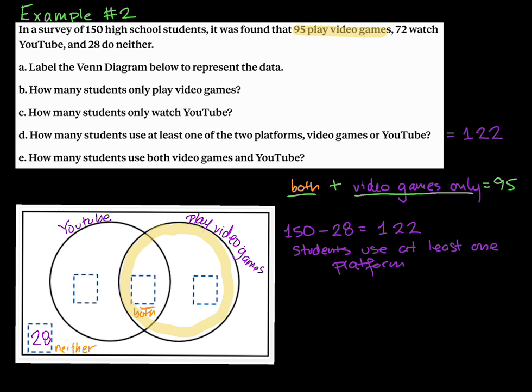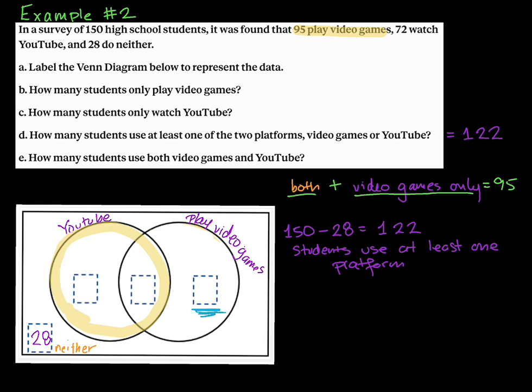So of those 122, I'm going to erase some of this just so it doesn't get real busy here. If I want to figure out how many students here only play video games, remember that's one of the numbers I want to break the 95 into, then I can take away this number.